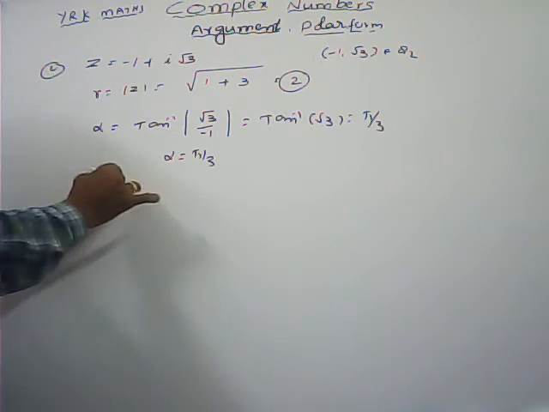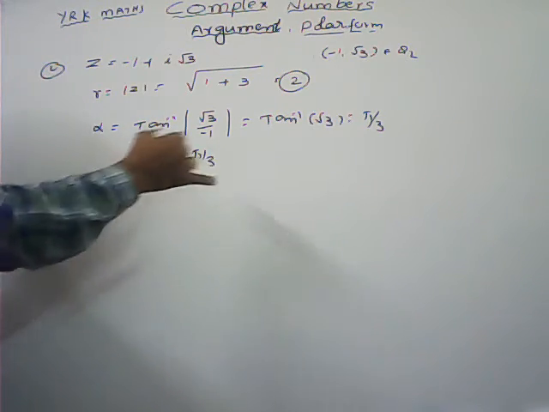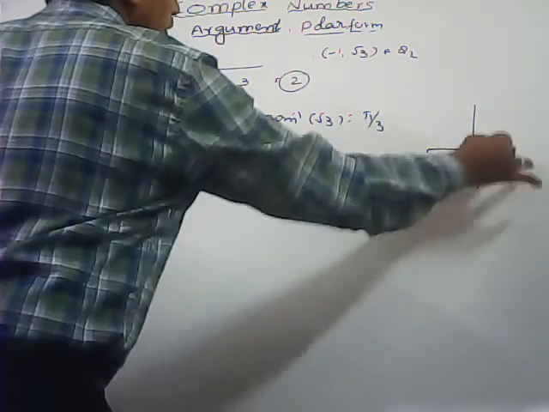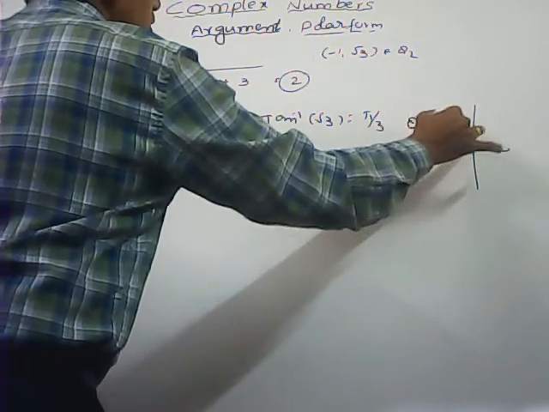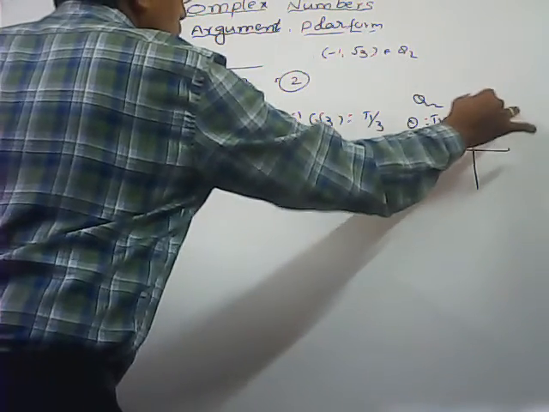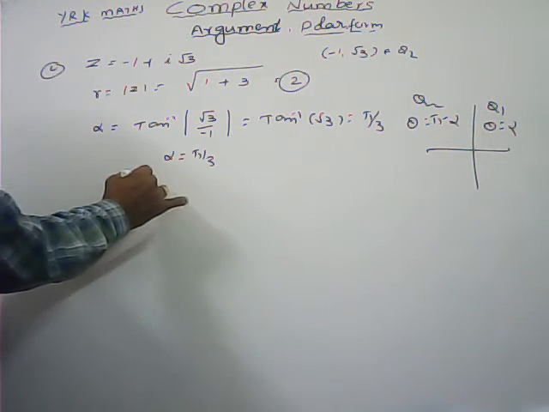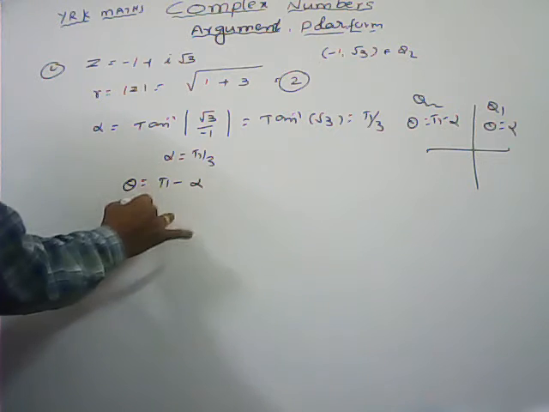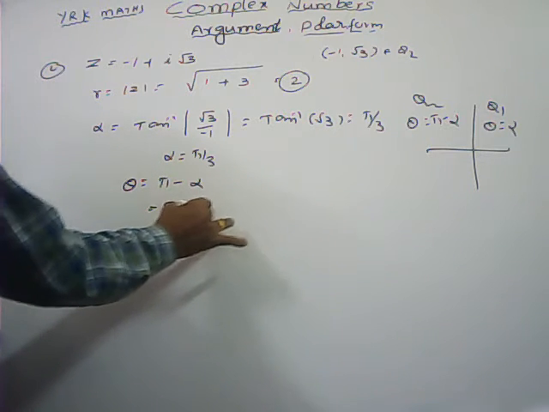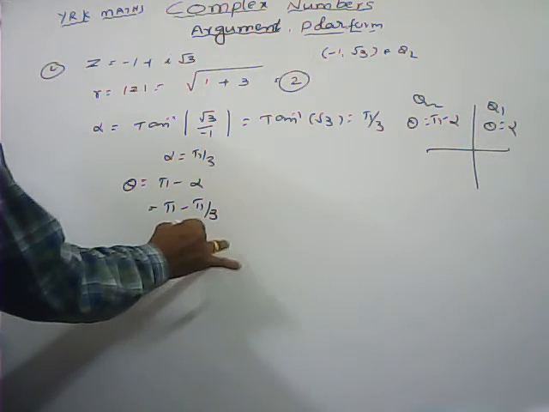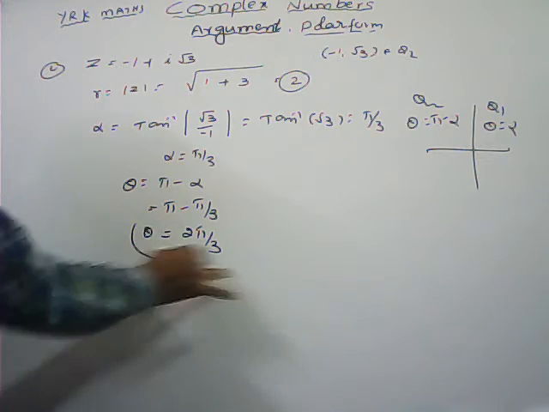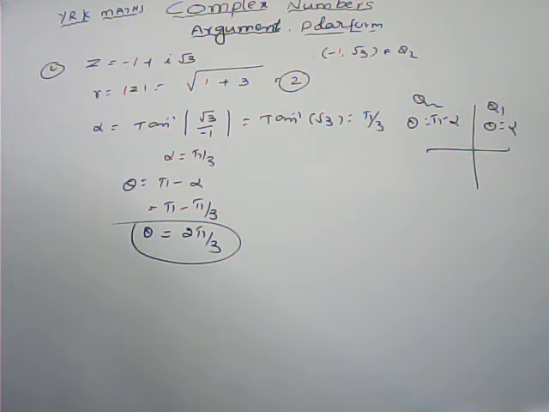Now what about the argument of the complex number in the second quadrant? In the second quadrant, theta is equal to pi minus alpha. In the first quadrant, theta is equal to alpha. The point belongs to the second quadrant, so theta is equal to pi minus alpha, pi minus pi by 3, that is equal to 2 pi by 3. This is the principal value of the argument of the complex number.